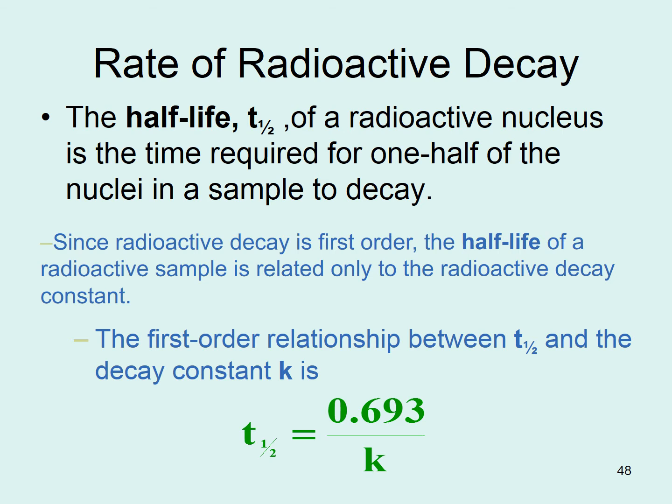The first order relationship, which we've seen back in first order kinetics, is t1/2 equals 0.693 over k. If you put half of the concentration in, you get the half-life, because the natural log of 1/2 gives 0.693. And so this is the relationship between k and t1/2.